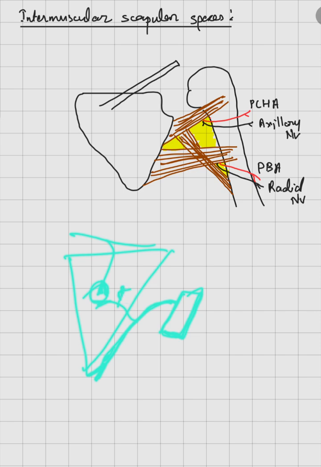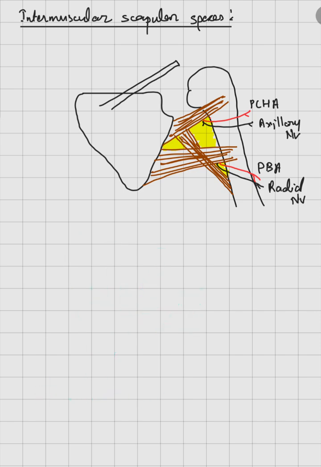Remember, I was writing it by giving a star. What was that artery? This was the circumflex scapular artery. So the circumflex scapular artery can be seen coming like this. This one here is the circumflex scapular artery.